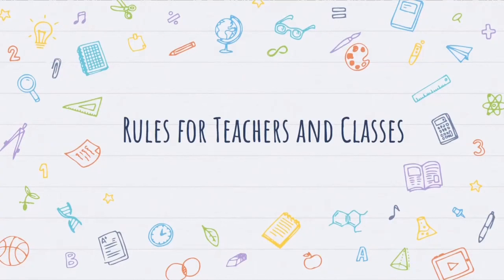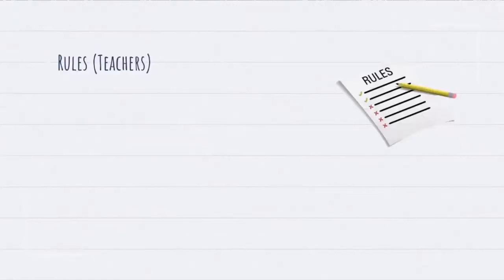So the next section is rules for teachers to follow and for the classes. So the rules for the teachers, this is for us and you, is to use appropriate language during your class. You don't want to bully the kids because bullying is not good, as we all know.